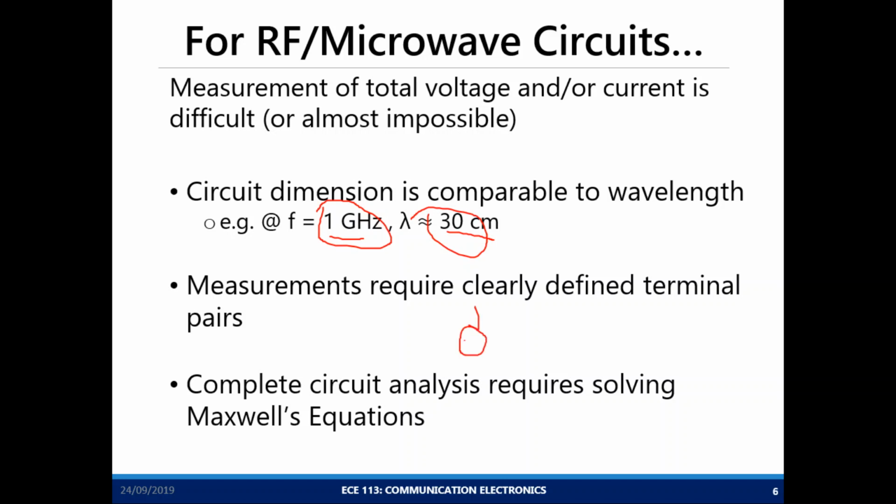So if you look at the same circuit right here, the voltage here is clearly different from the voltage here. And if you want to complete the circuit analysis, you need to be able to use Maxwell's equations to factor in the different spatial effects of the circuit. So it becomes difficult to analyze the circuit.